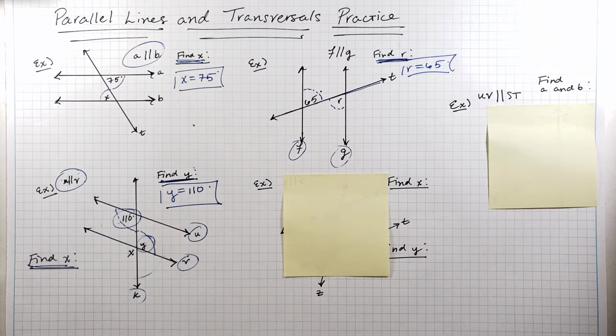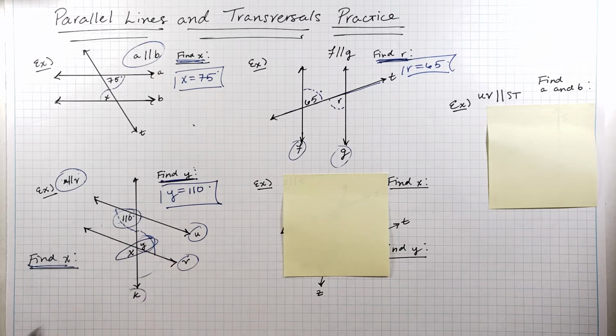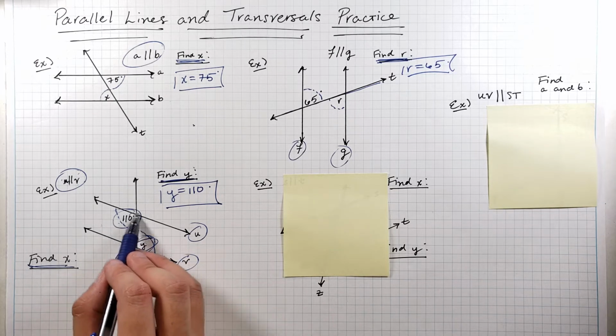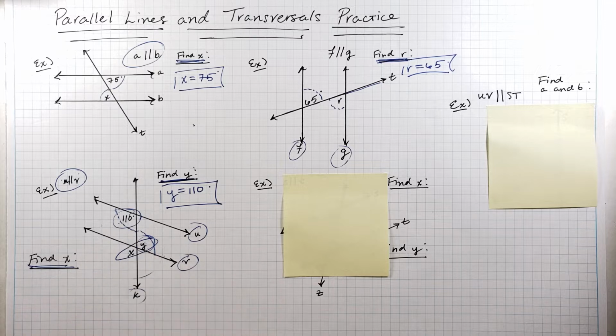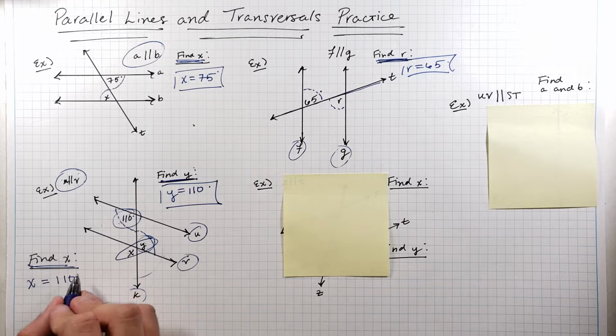What do we know about vertical angles? We know vertical angles are congruent. So that means these angles are the same, and 110 is the same as y, but x is the same as y because vertical angles are congruent. So x is equal to y also, which is going to be 110.